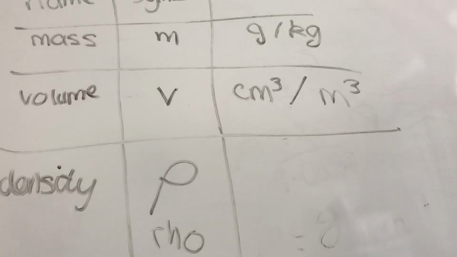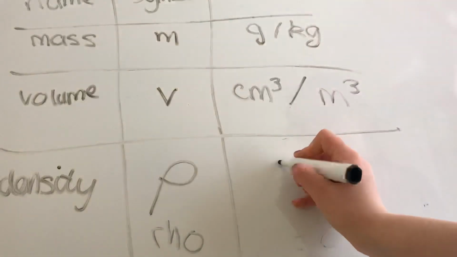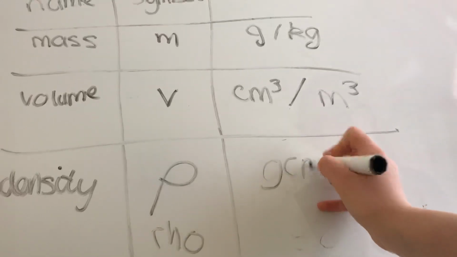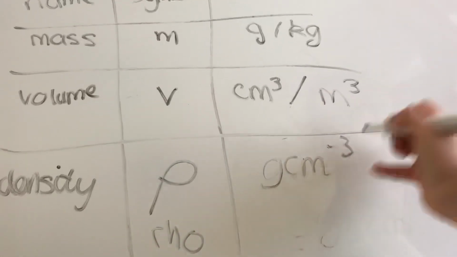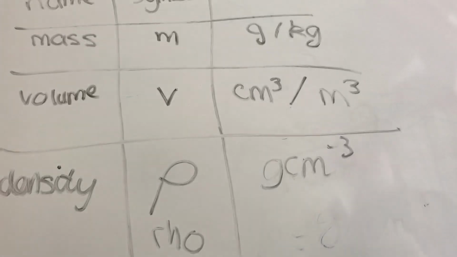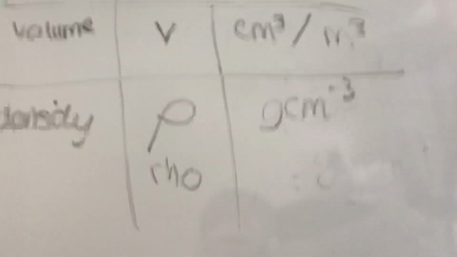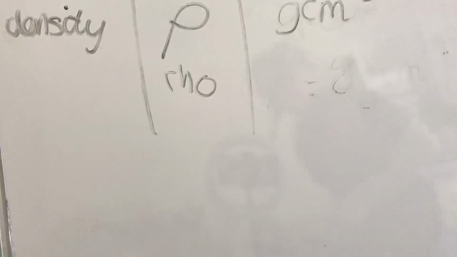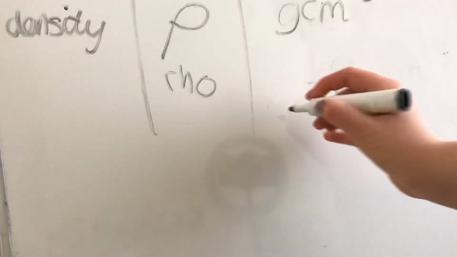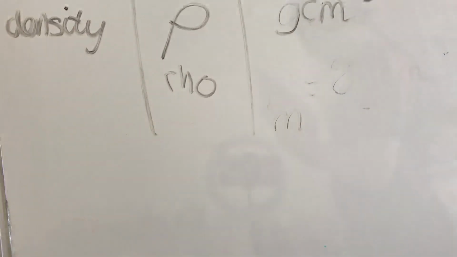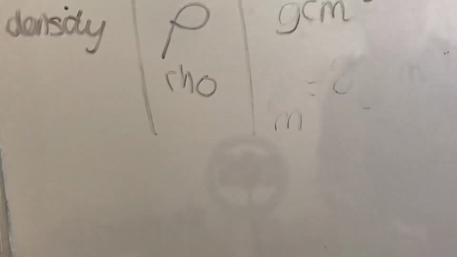And finally, how does it work? We get it in grams per cubic centimetre. That's a -3 up there. So how would it work if you were doing it with mass in kilograms and volume in metres cubed, rather than centimetres and grams? Oh, this pen isn't working, I'm afraid. I have to get another one.